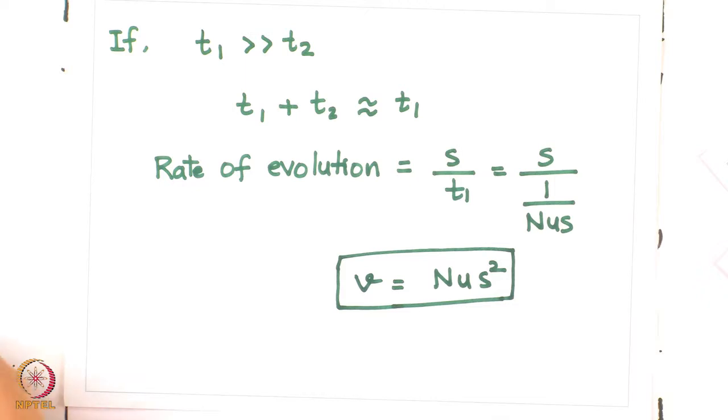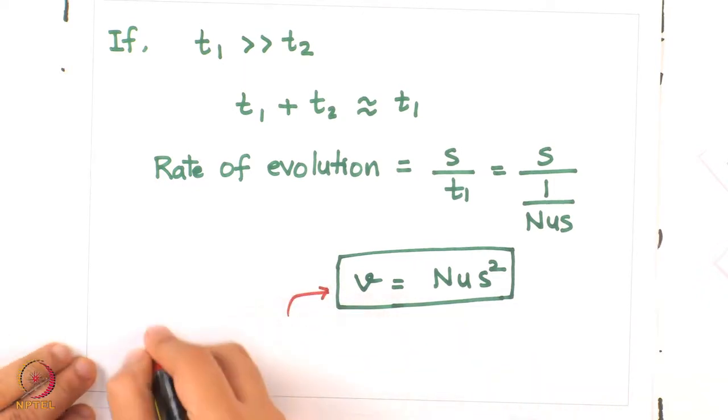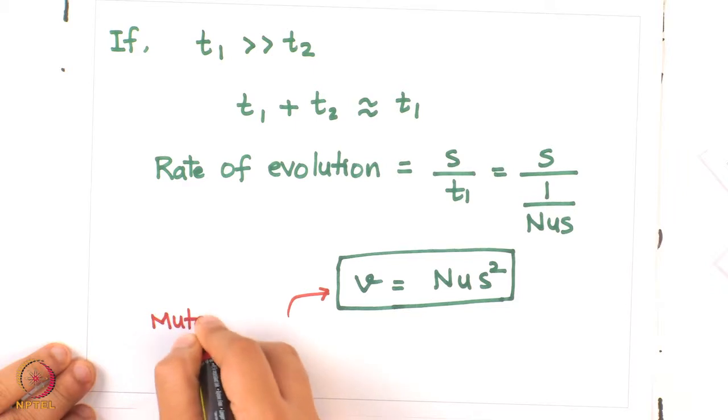Again, this relationship is valid in a regime where mutations are rare.